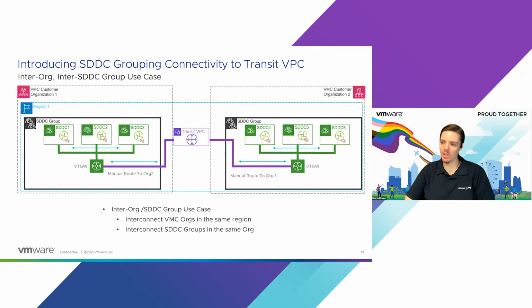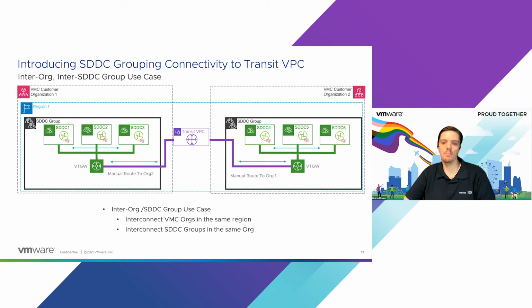So we're also jumping back a little because this is brand new and fresh off the press, with grouping connectivities to the transit VPC, and in addition, the intra-region peering with a transit gateway. So we have had this since, I believe, version 1.12, where you have a transit VPC to interconnect SDDCs.